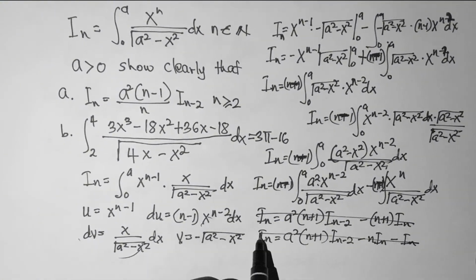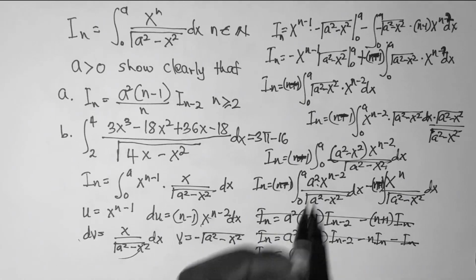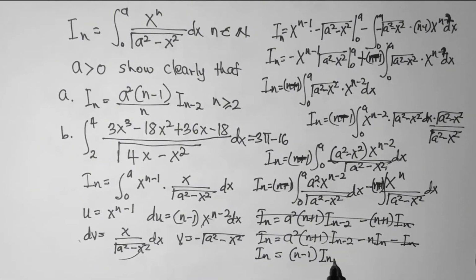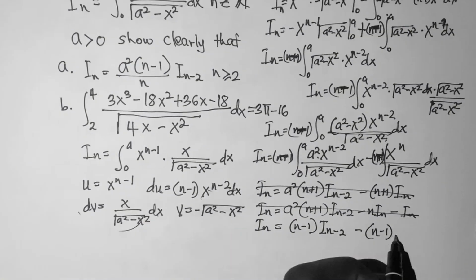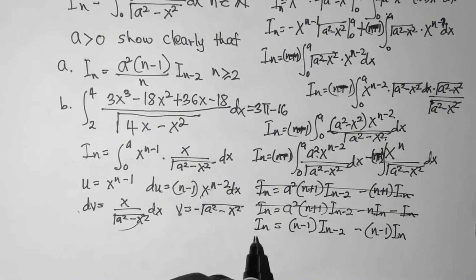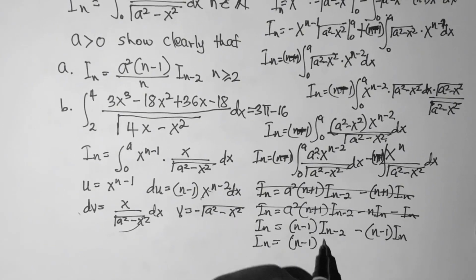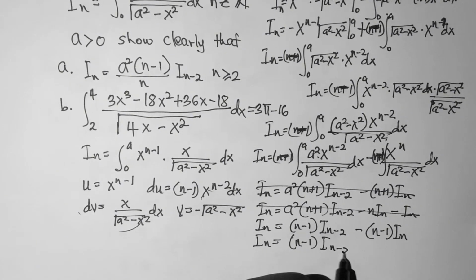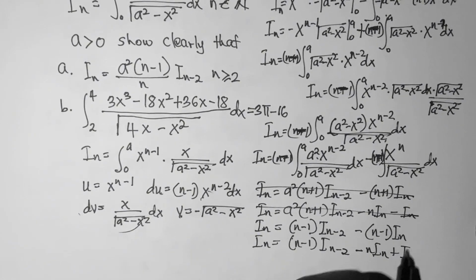And therefore, I of n will become (n minus 1), and all of this is I of n minus 2. Then minus (n minus 1) I of n. So I of n is equal to (n minus 1) I of n minus 2, then minus n I of n plus I of n.